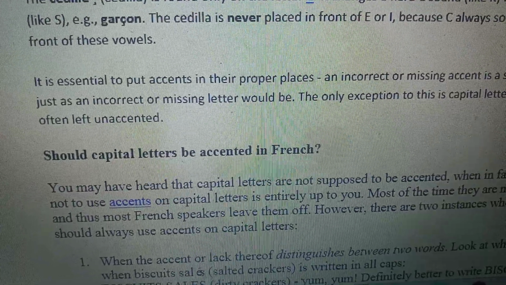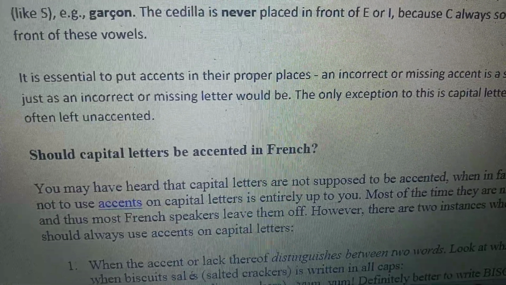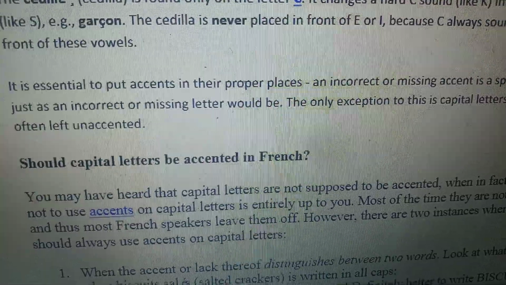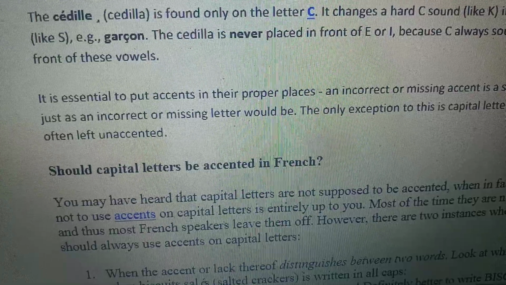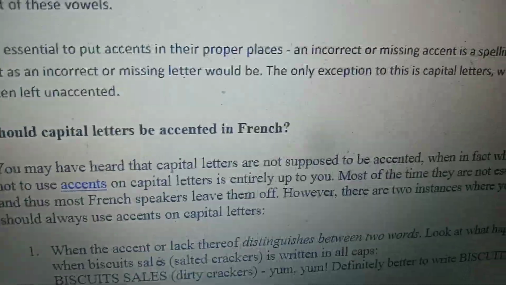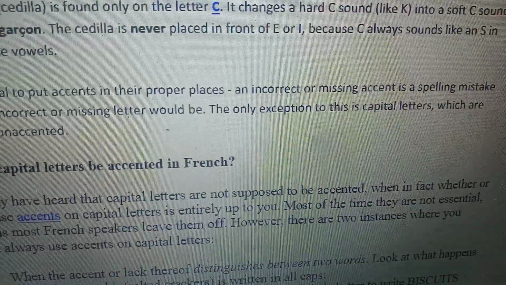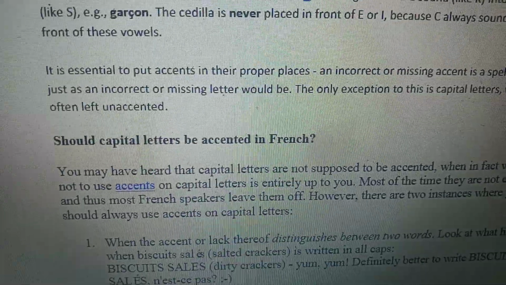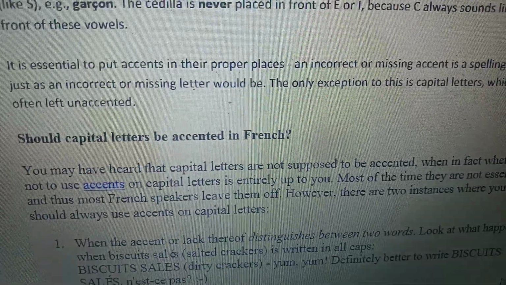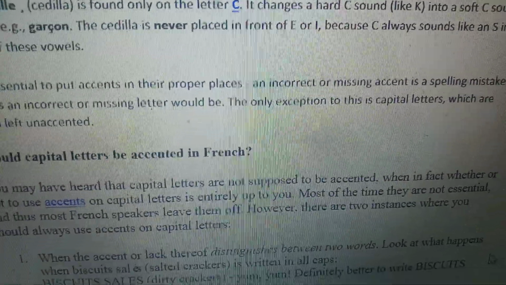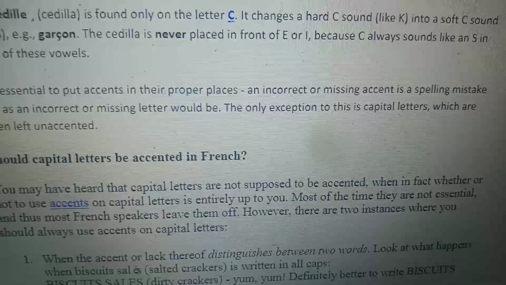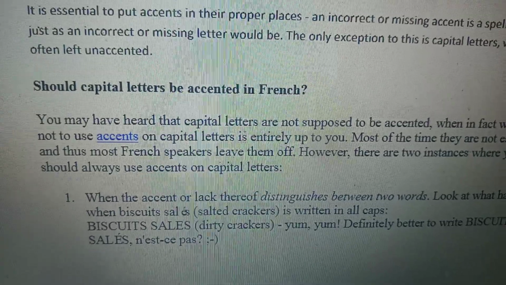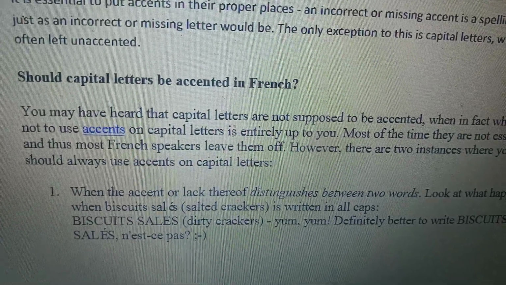You may have heard that capital letters are not supposed to be accented, when in fact whether or not to use accents on capital letters is entirely up to you. Most of the time they are not essential, and thus most French speakers leave them off.